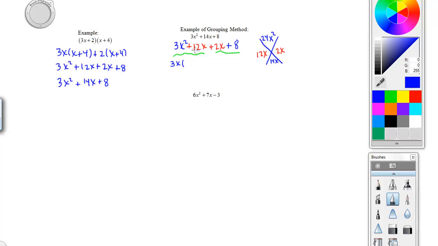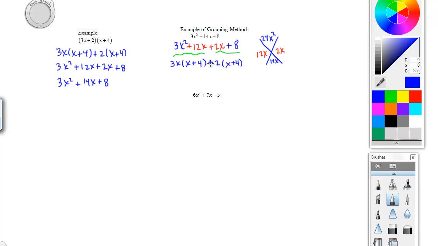So if I take a 3x out of both of these terms, then 3x times whatever I put here needs to equal 3x squared, and 3x times whatever I put here needs to give me the 12x, so it must be a 4. And then 2x and 8 have a factor in common, that is just a 2. And then 2 times x is 2x, and 2 times 4 is 8.